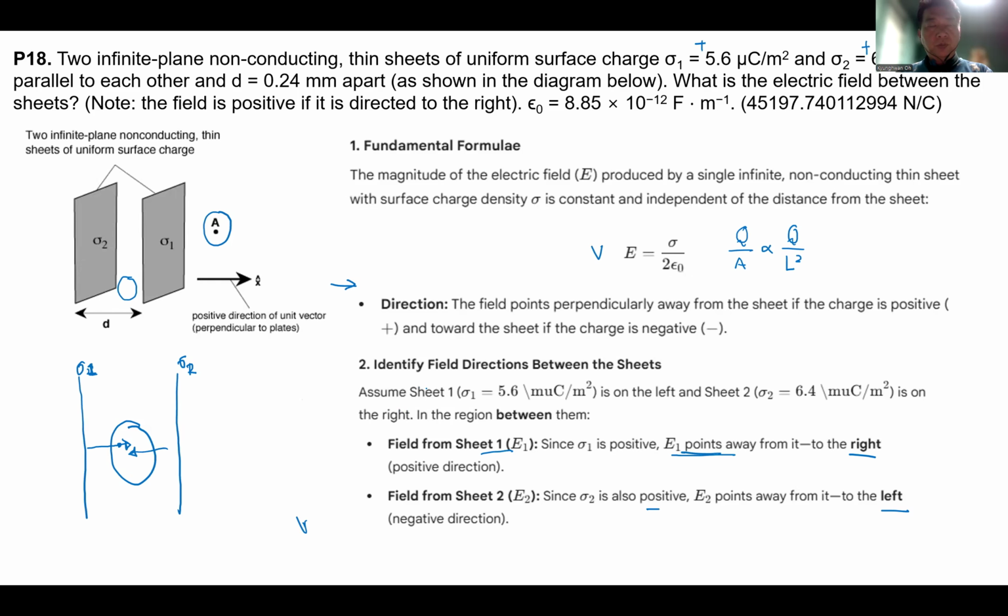In this problem, it is important to first figure out this formula, and then figure out the directions of the electric field.